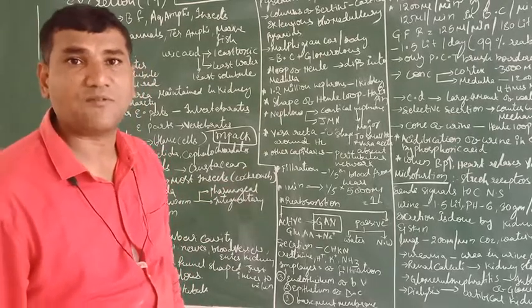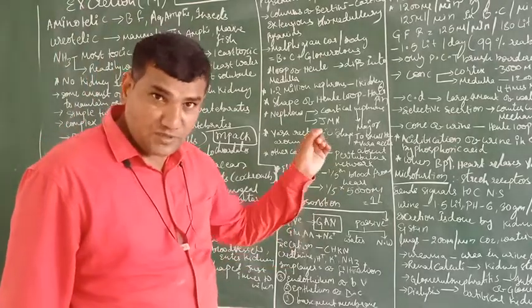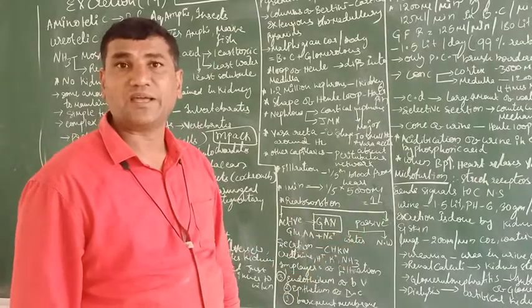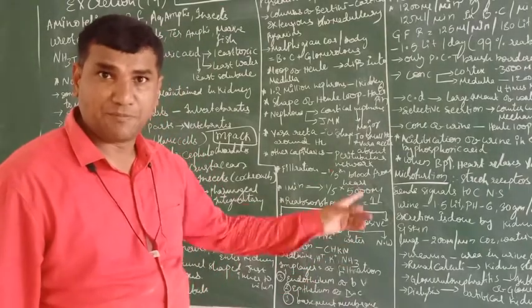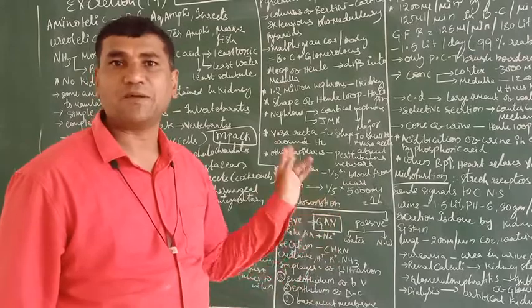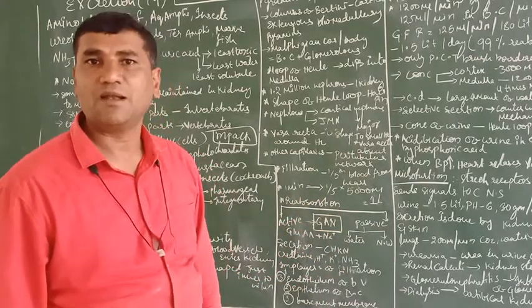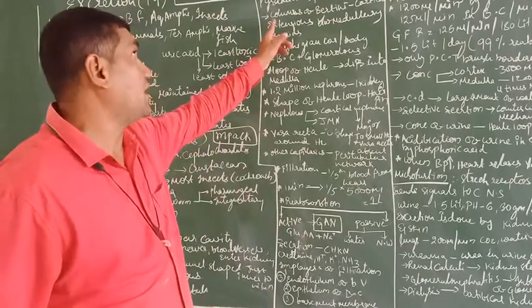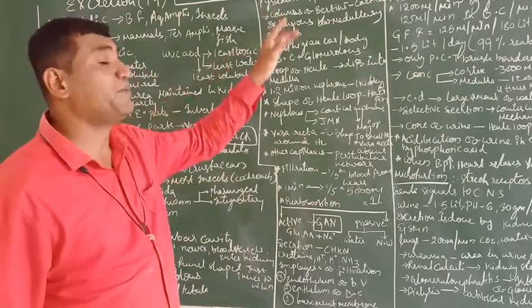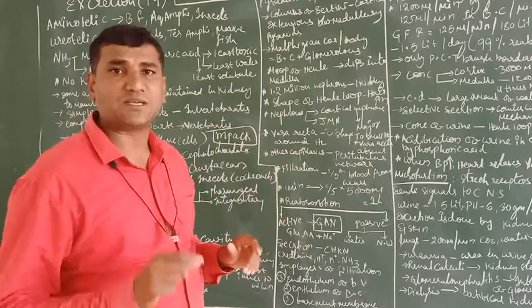Pyramids are present in the medulla, where all the collecting ducts unite and form the renal pyramids, which pour their filtrate into the renal pelvis.